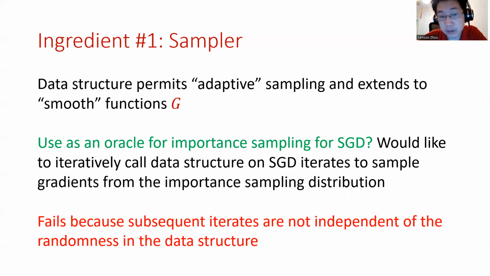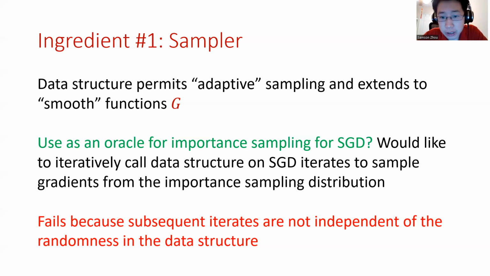So it should handle transformations applied to this vector AI. So we would like to use this G sampler as an oracle for importance sampling for SGD, because it outputs almost the right gradient with almost the right probability distribution. So this seems great.